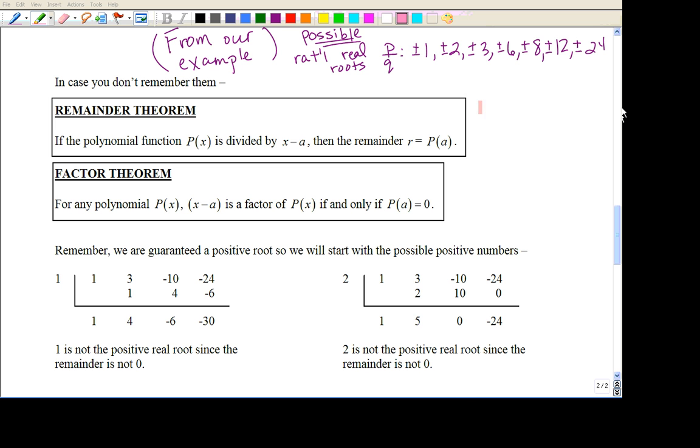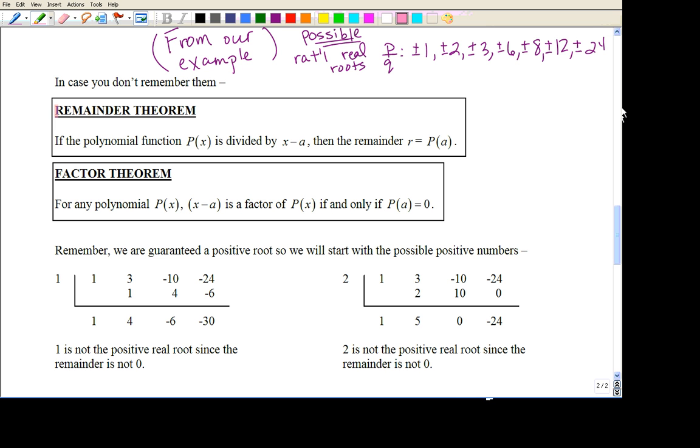Okay, so remember from our example that all of our possible rational real roots, all of our p over q values, are these: 1, 2, 3, 6, 8, 12, and 24. And we figured out those from our previous video. But let's also use these two theorems as well.